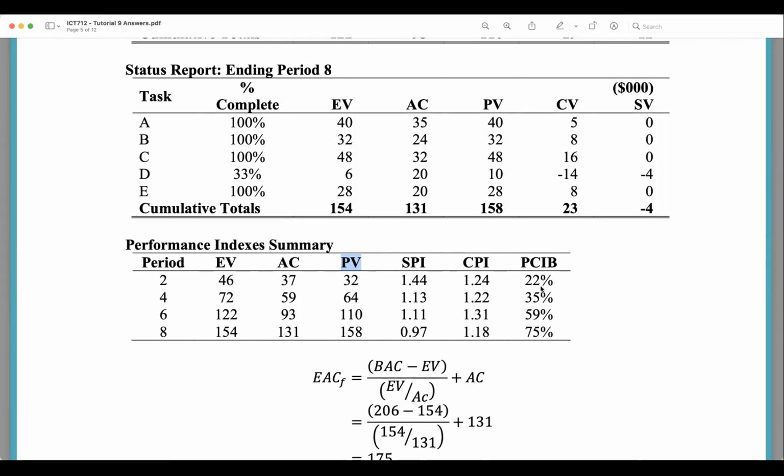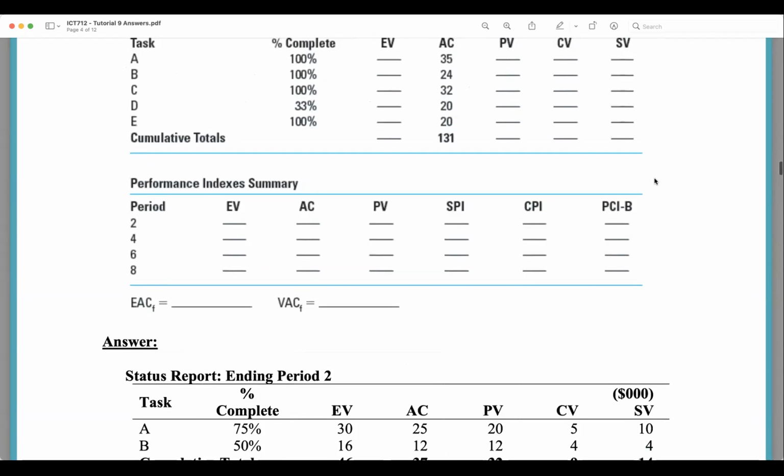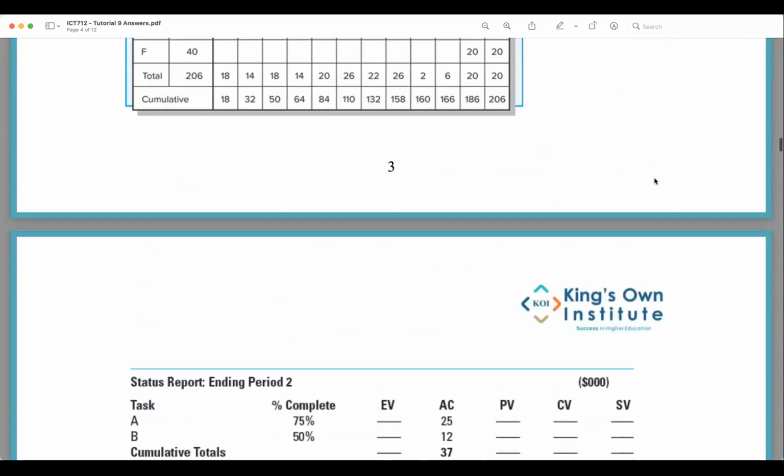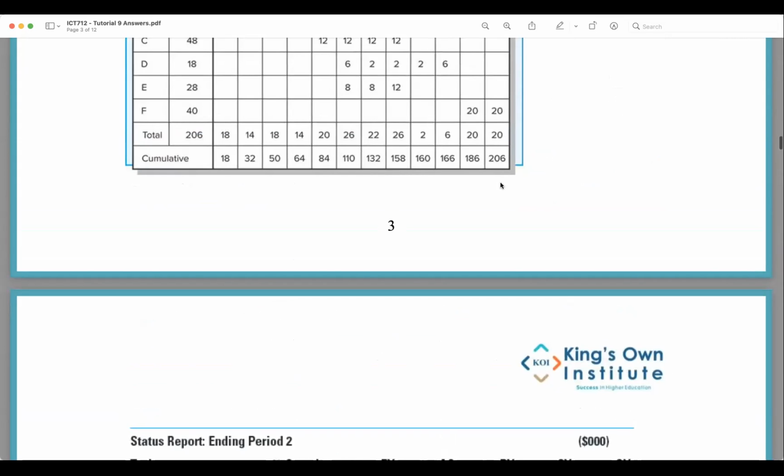Now there's this formula here. How do we calculate that formula? It's called PCIB. PCIB equals earned value divided by budgeted at completion. So earned value here is 46. Okay, great. What's budgeted at completion? Well, you go up here. My project budgeted at completion is 206.